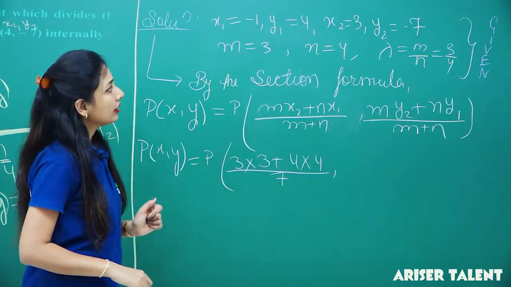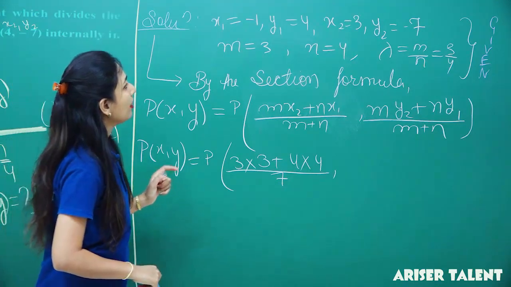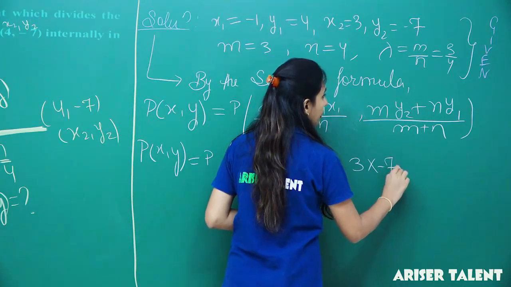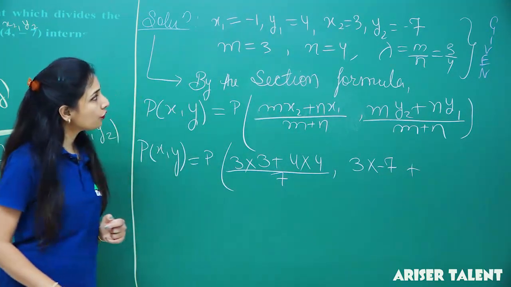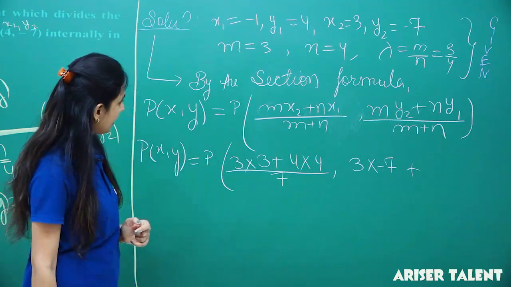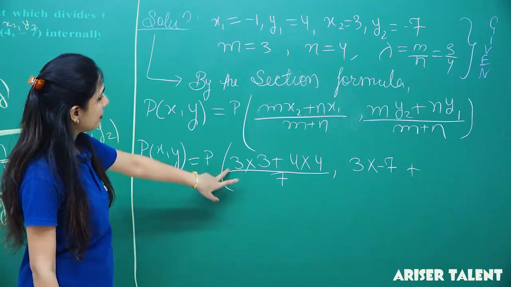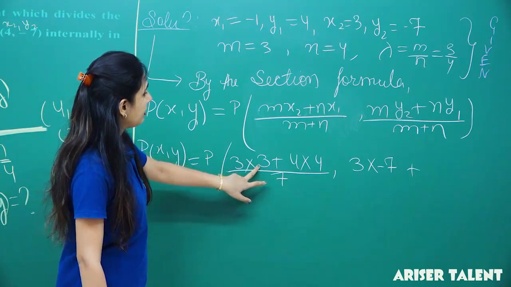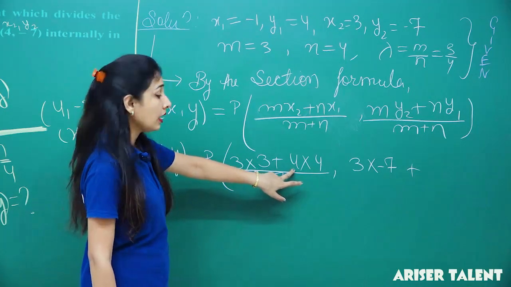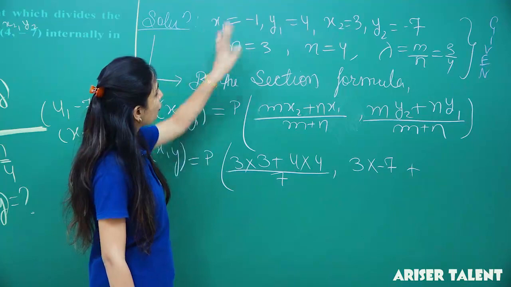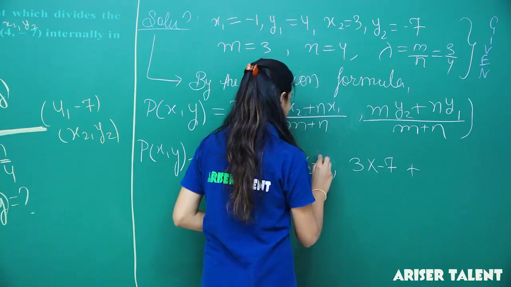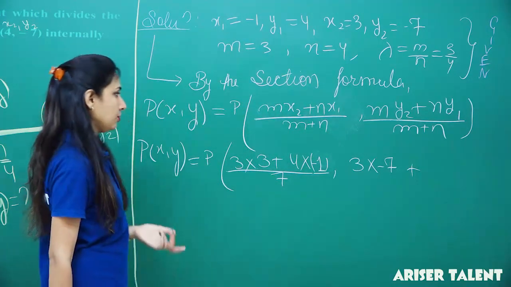Here I have made a silly mistake. This is m is 3 and x2's value is 4. Okay. Plus 4, which is the value of n, multiplied by x1. Now x1 is not 4 here, x1 is minus 1 here. So corrected, here it's minus 1. Right? So this is minus 1.